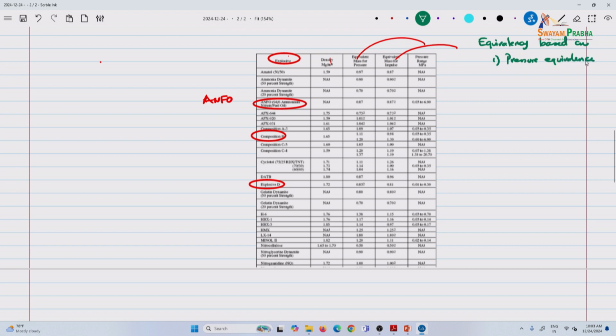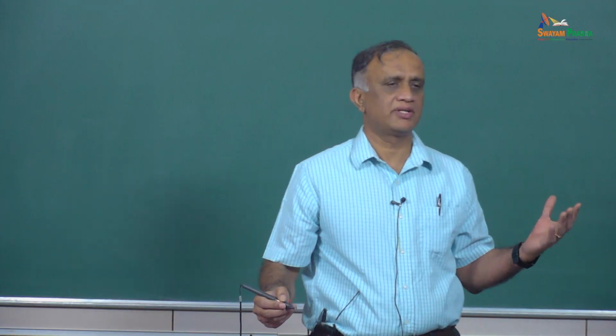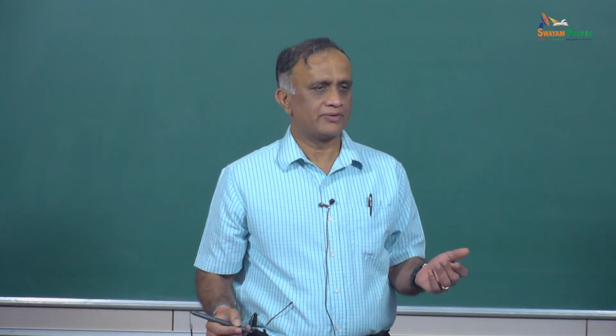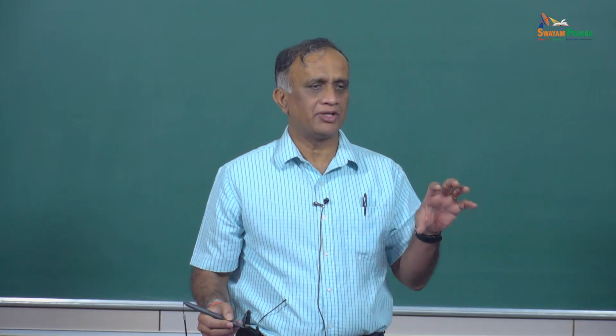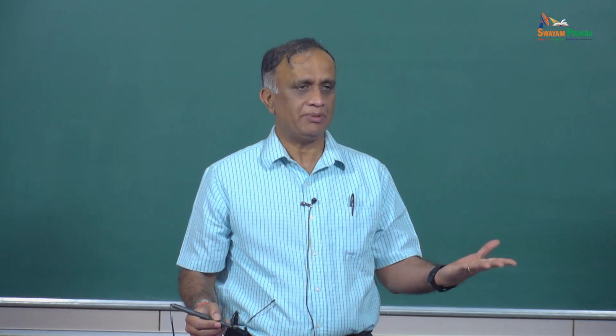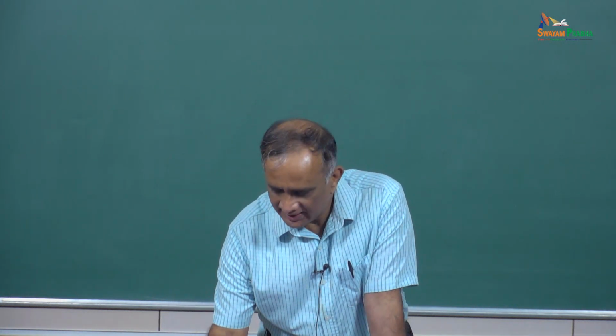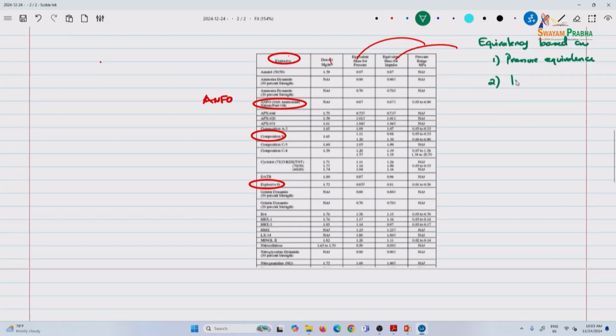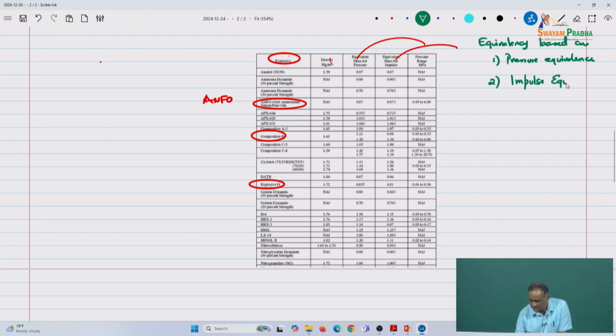So, how much of a certain explosive do I need compared to 1 unit of TNT to give the same pressure? But it does not mean you will get the same impulse, because the positive time of loading could be different, the positive phase. So, impulse equivalence, and these numbers are not the same.